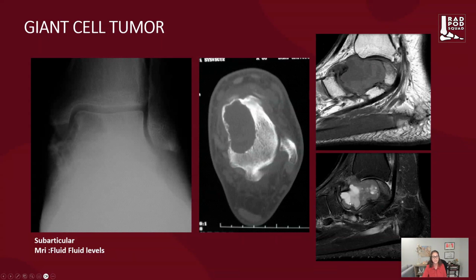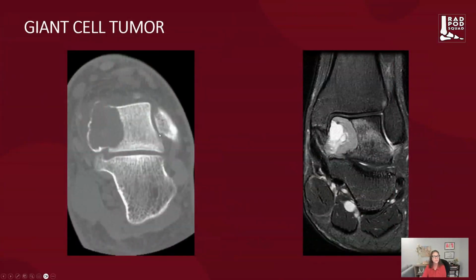Notice it also has some fluid levels. There may be a component in this that has some features of aneurysmal bone cyst also. Giant cell tumor, in our case here, we're seeing our subarticular talar region, and we're noticing the subarticular mass, perilesional edema, aggressive features in our giant cell tumor.